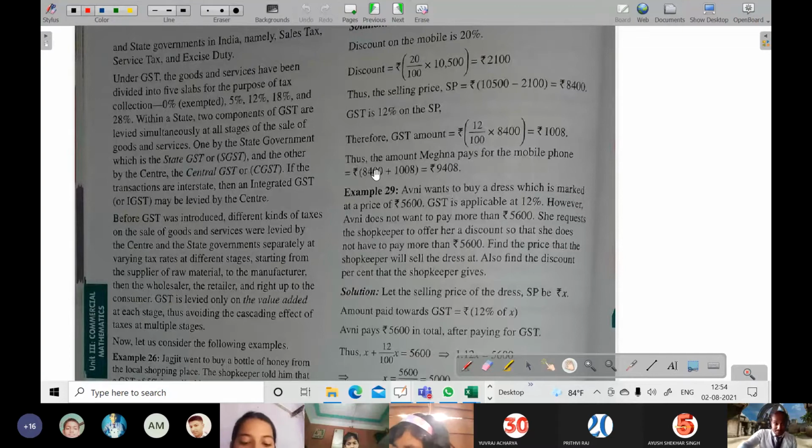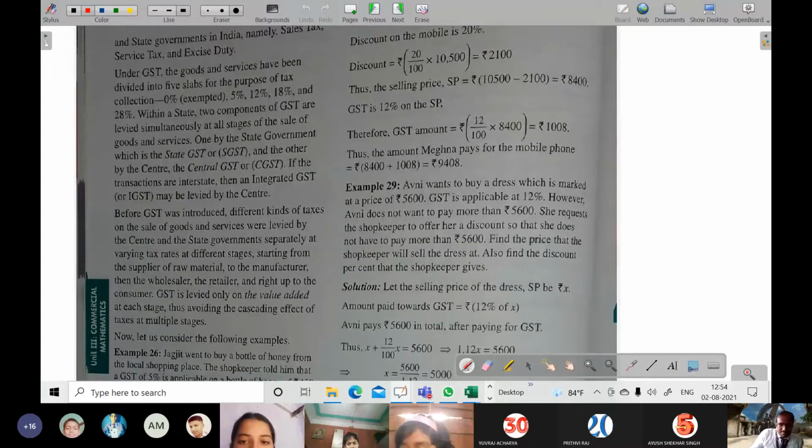Within a state, two components of GST are levied simultaneously at all the stages of the sales of goods and services. One by the state government, which is state GST or SGST, and the other by the central GST or CGST.